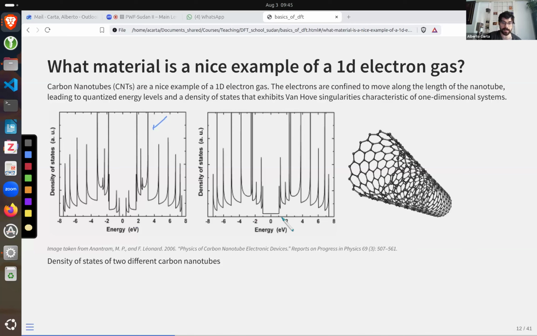The one that you see here on the left is a semiconducting nanotube. The one on the right is a metallic nanotube.